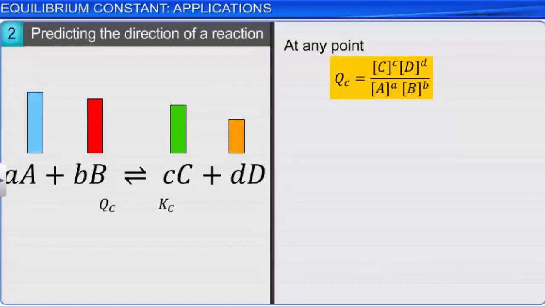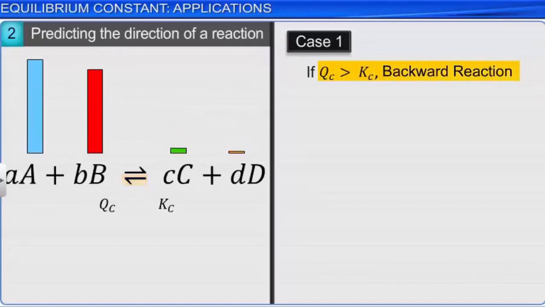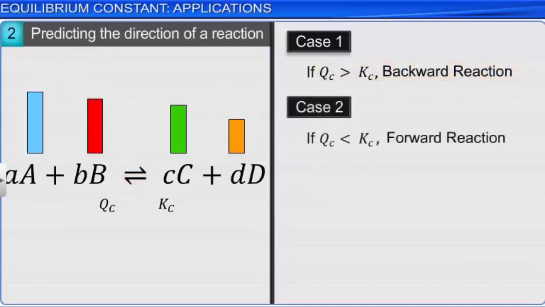Let us now examine how reaction quotient and equilibrium constant help us in predicting the direction of a reaction. If the value of reaction quotient Qc is greater than equilibrium constant Kc, it means that the backward reaction takes place. In other words, the reaction proceeds in the direction of the reactants. If Qc is less than Kc, the forward reaction takes place.